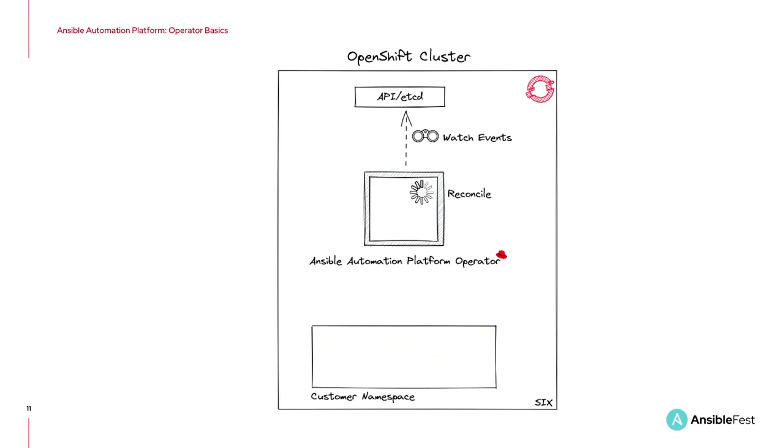We only focus now on the etcd. It's the key-value store where all the information of OpenShift is stored. And it's important since the operator, in this example the Ansible Automation Platform operator, constantly watches these events. So whenever something changes in etcd, this operator, via reconciliation loops, recognizes that and will adjust your settings on the cluster.